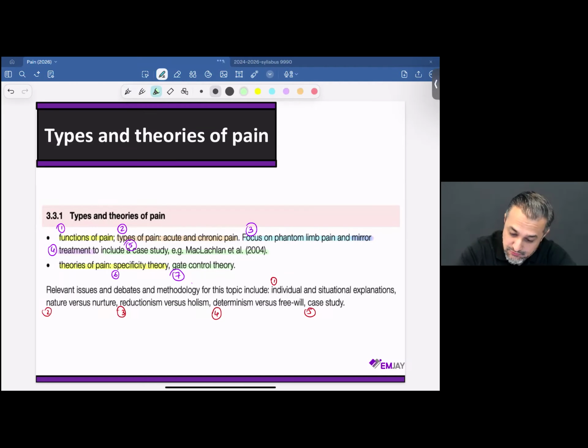Before I proceed, one more thing. This says relevant issues and debates and methodology for this topic include. They're using the word include, and as they use the word include, that in other words means you're not restricted to use just these issues and debates or strengths or weaknesses.